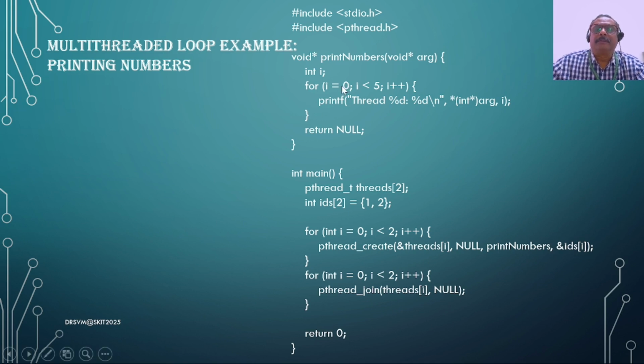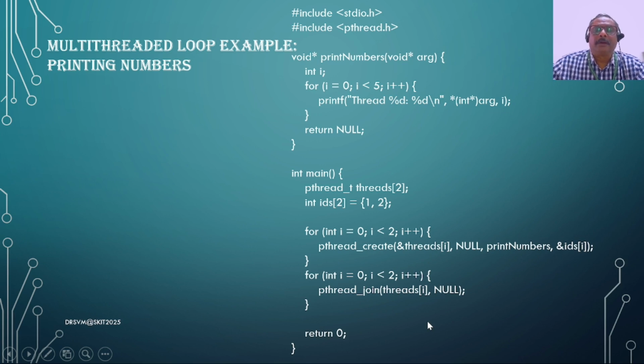This print number keeps printing from 0 to 4, and this is used by each of these two threads. When we run this, first we create two threads and we make both the threads join. That means the main thread which created these two threads will wait till both of the threads do their execution, and once it is done, then this will also close.